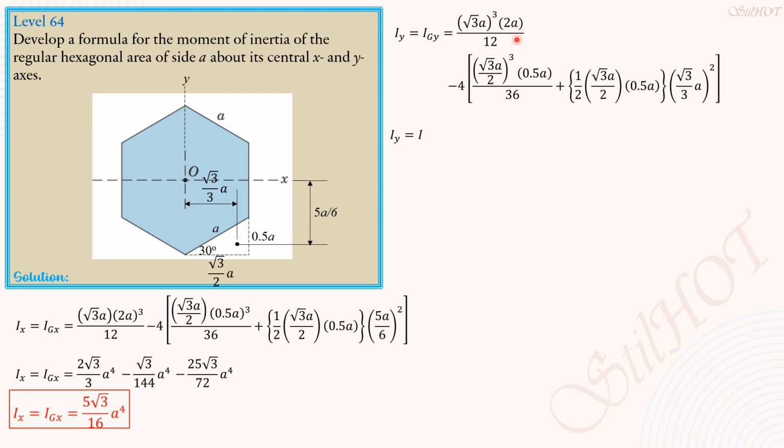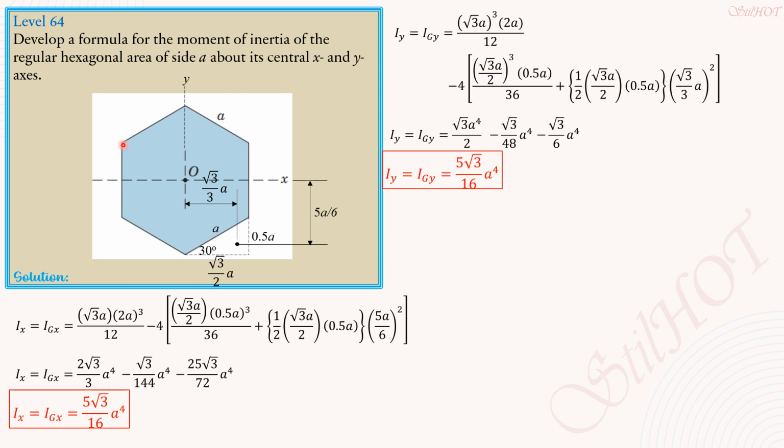Computing each, the first term is equal to square root of 3 a to the fourth over 2, then minus 4 times this term, square root of 3 over 48 a to the fourth, then minus 4 times this whole quantity, square root of 3 over 6 a to the fourth. Combining, it is equal to 5 square root of 3 over 16 a to the fourth.